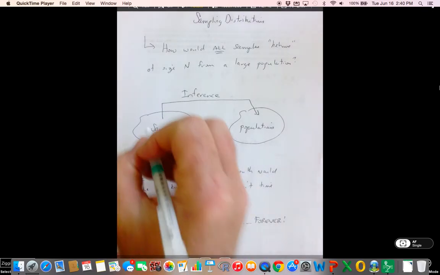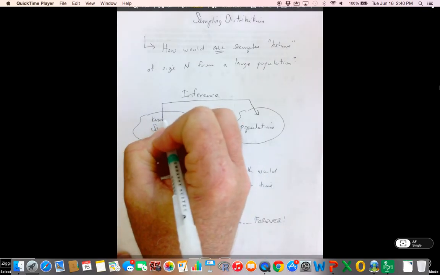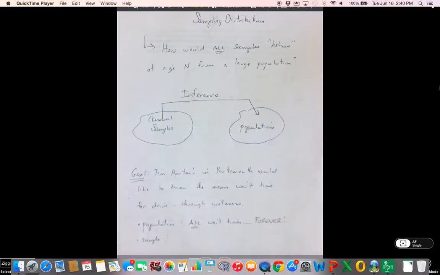Now, in this situation, our sample is known because we can go take a sample. Let's say we just decide to take the next 50 customers at Tim Hortons, and we take the measurements. The first one took 3.8 minutes. The next one was 2.7 minutes, and so on and so forth. And then let's say we had a really long wait of 11 minutes.